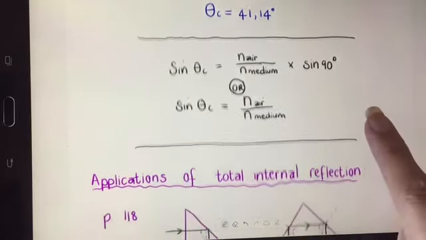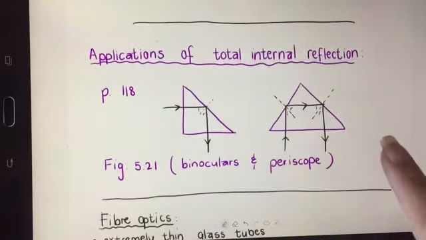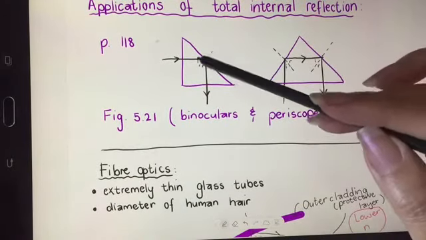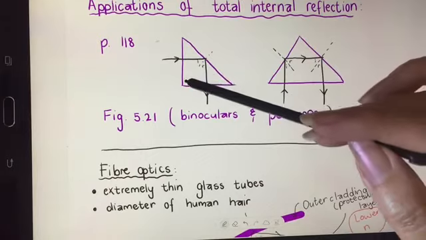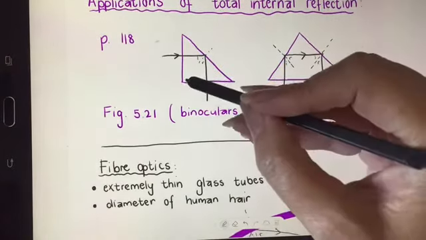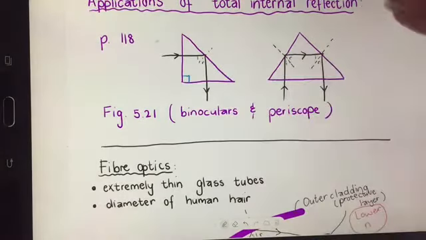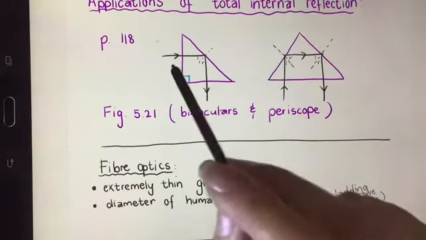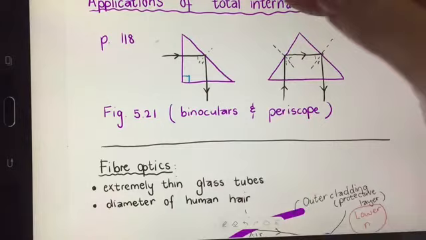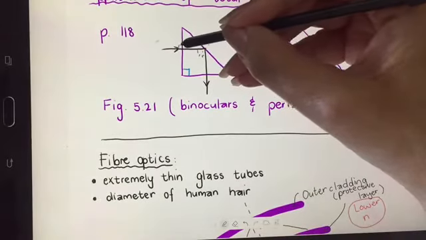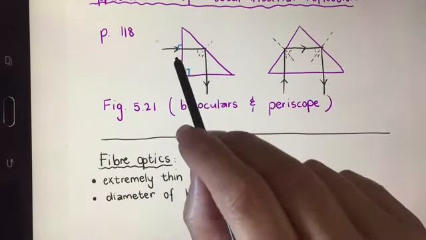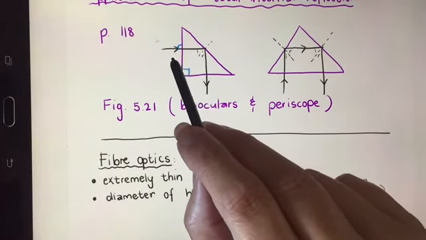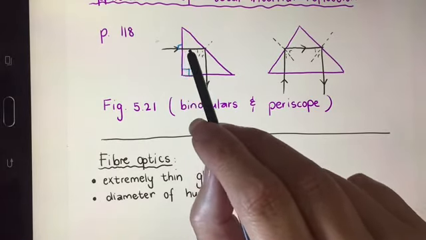And then lastly, some applications of total internal reflection. If I use a prism that has an angle of 90 degrees, like that angle over there is 90 degrees, so that would be 45 and that would be 45, and I've got an incident ray, and because it strikes the surface at 90 degrees, although it slows down as it enters the glass, it is not going to change direction.